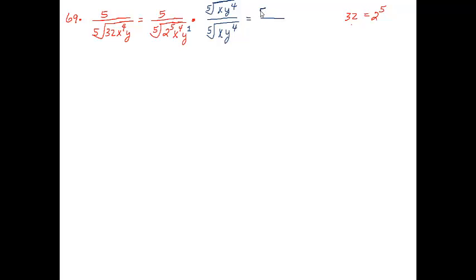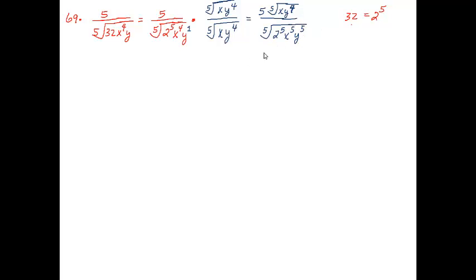So the top stays 5 times the fifth root of xy to the fourth divided by, well, this becomes the fifth root of 2 to the fifth, x to the fifth, y to the fifth.